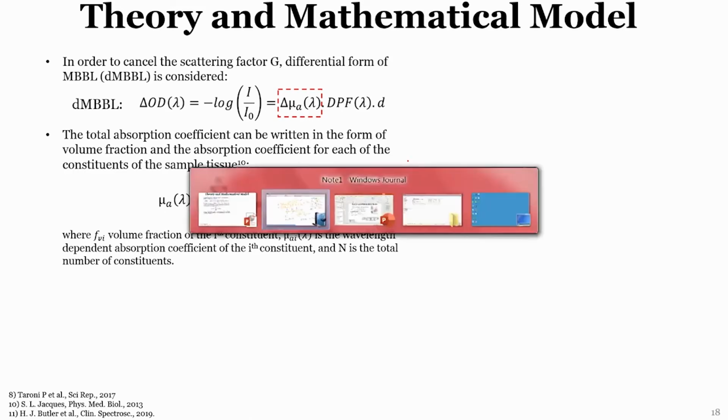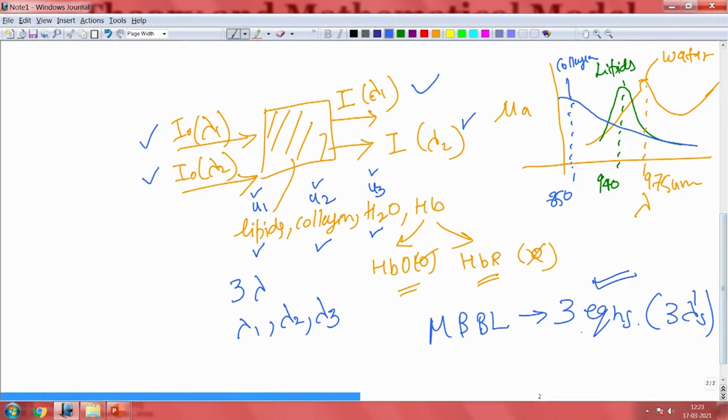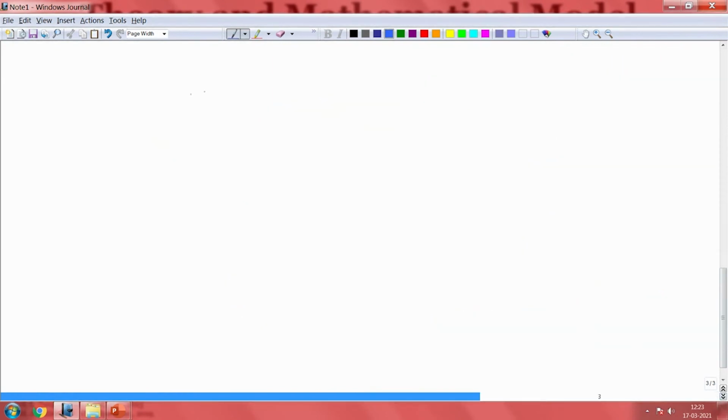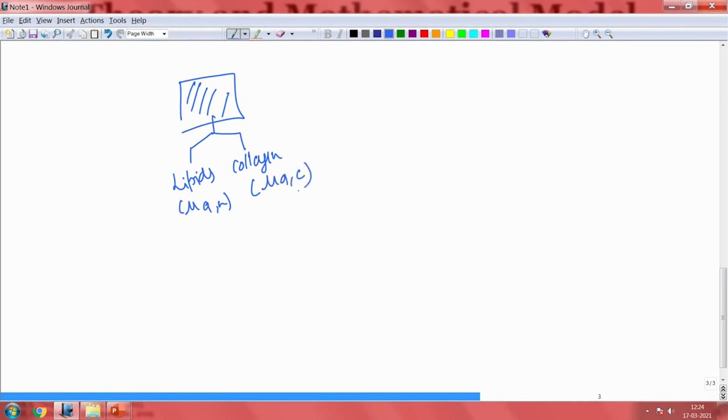So for example, I am going to add one more page over here, and I assume the tissue has only two constituents, for example, lipids and collagen. The contribution from lipid would be mu a comma L, and the contribution of collagen would be mu a comma C.